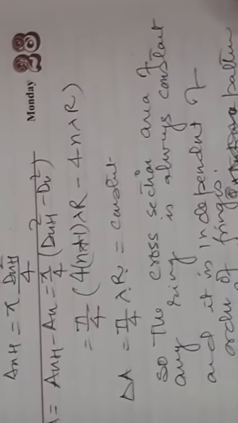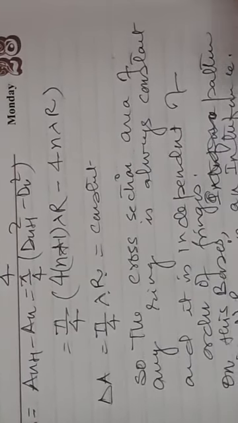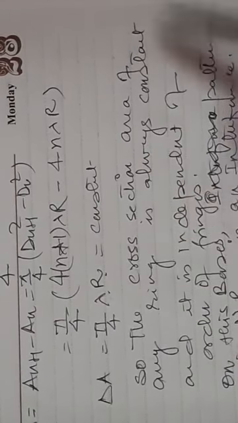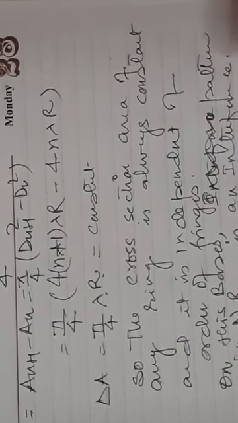Now we can say the cross-section area of any ring is also constant, and it is independent of the order of fringe. On this basis, we can say the Newton ring is an interference pattern.